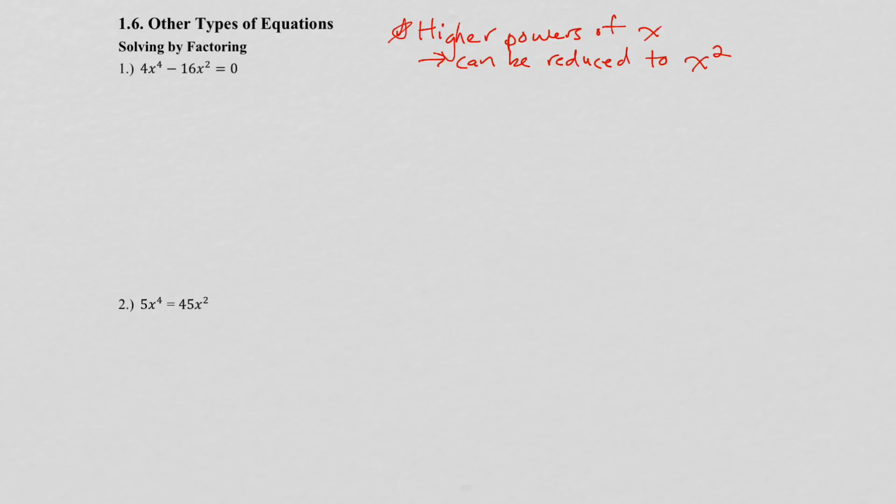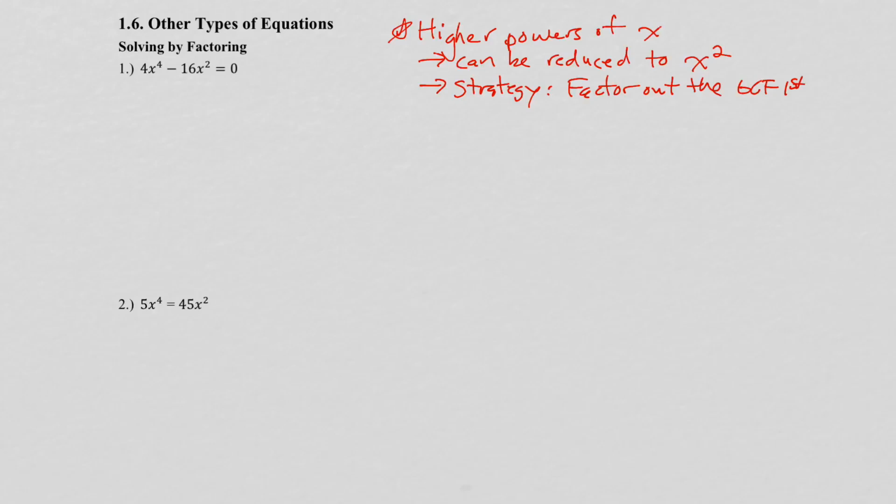So let's go ahead and, our strategy here is to factor out the GCF, okay? And you want to do that first. So we want to see what's the greatest common factor between 4x to the 4th and negative 16x squared.